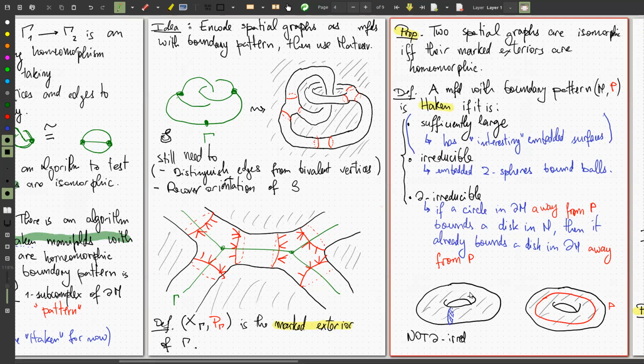If you try to draw a properly embedded disk, it's not difficult to see that it's always going to already be trivial. So this is boundary irreducible.